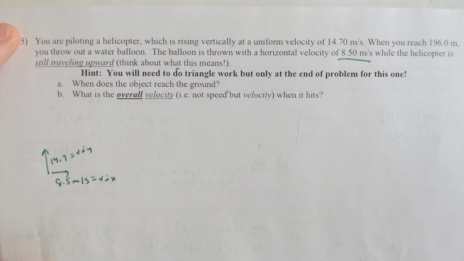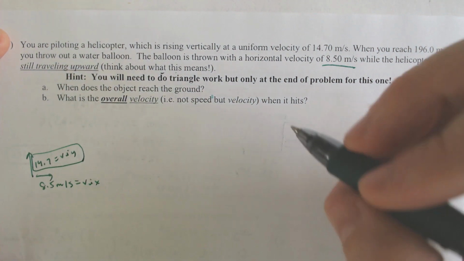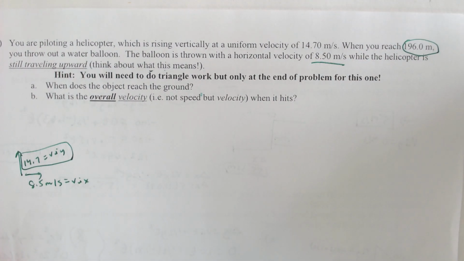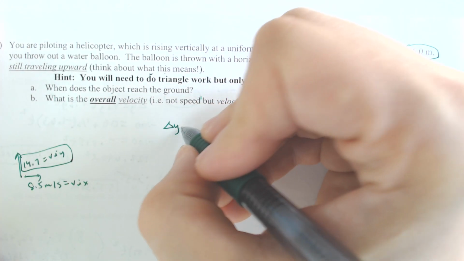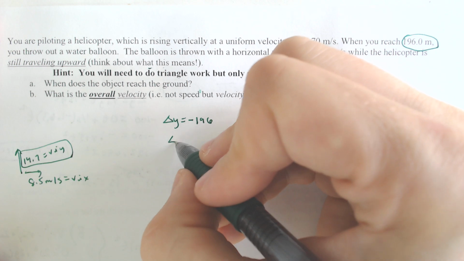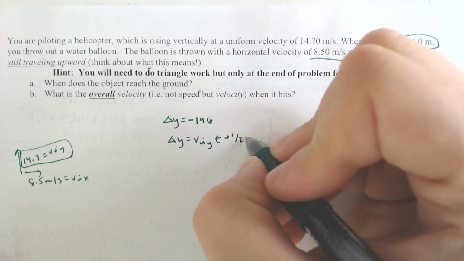When does the object reach the ground? We have a velocity for y. It is how high up above the ground? 196. So we have to fall 196 meters. Well, this balloon does. So this delta y is going to be negative 196. Delta y equals VIy times time plus 1/2 gt squared.